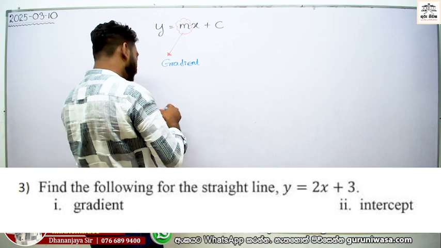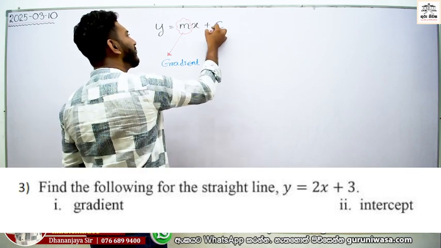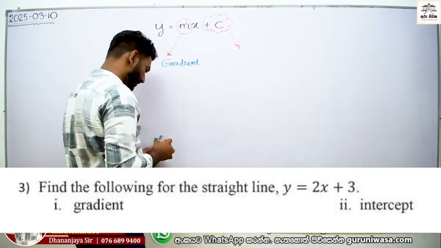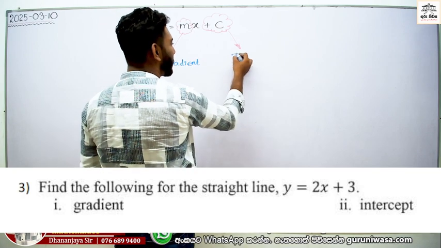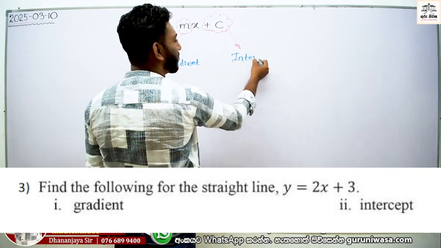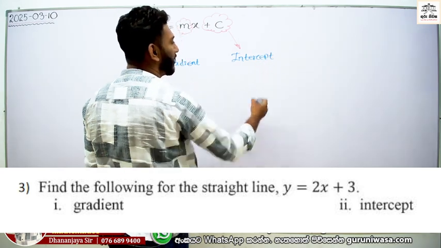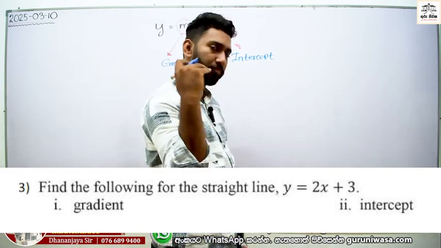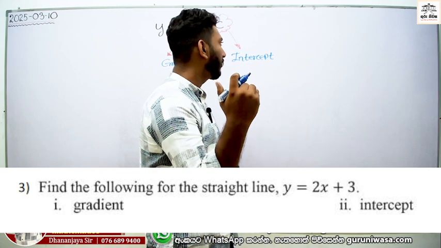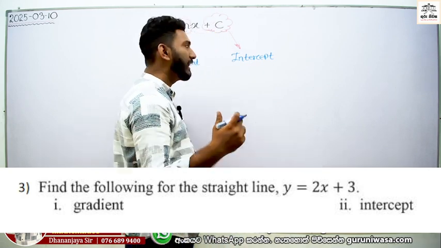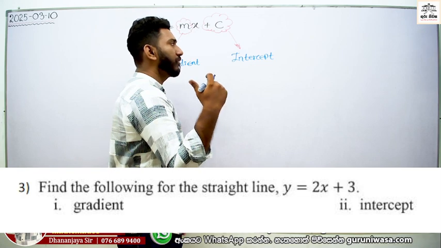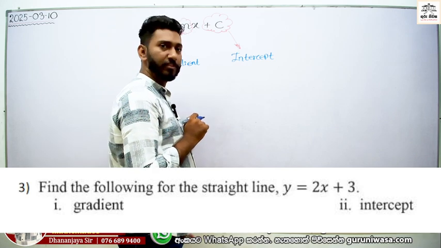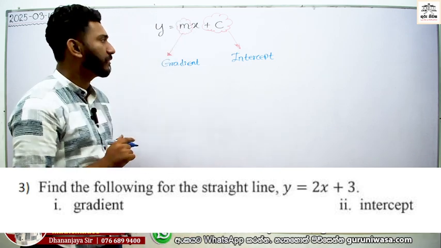And what is the value for c? c is denoted by, what is the name? Intercept. Right? And intercept is very easy to find. Intercept is the cross point, the intersection point of the y-axis, and that is what we call an intercept.